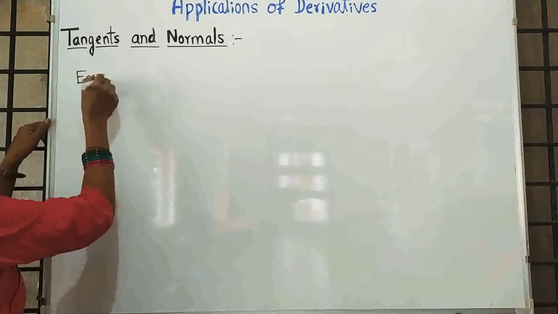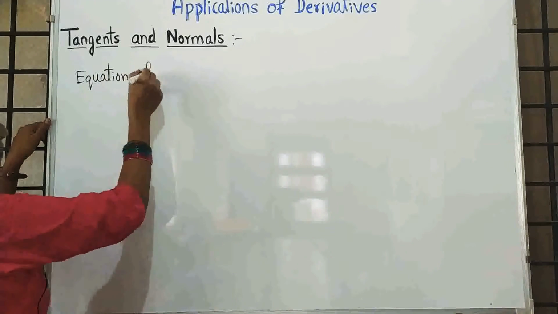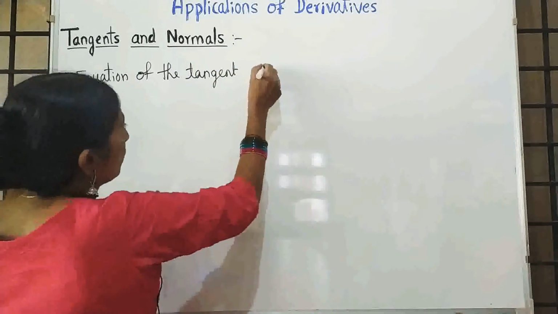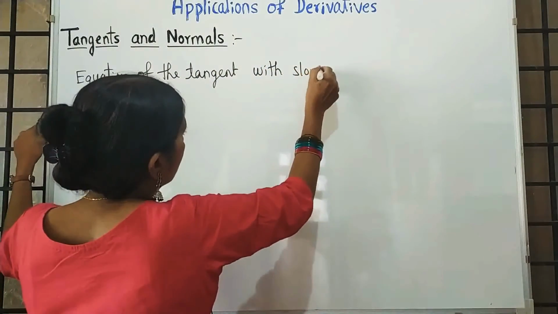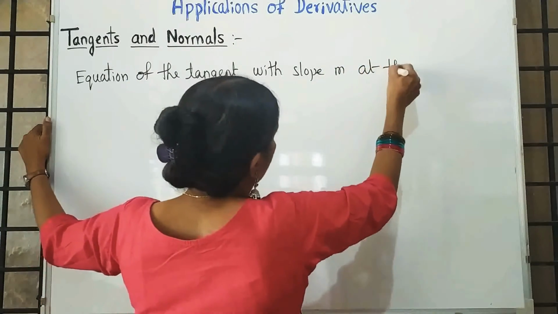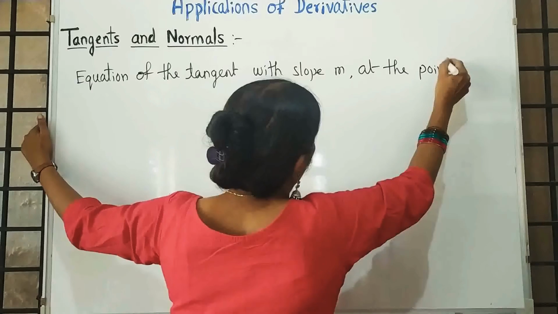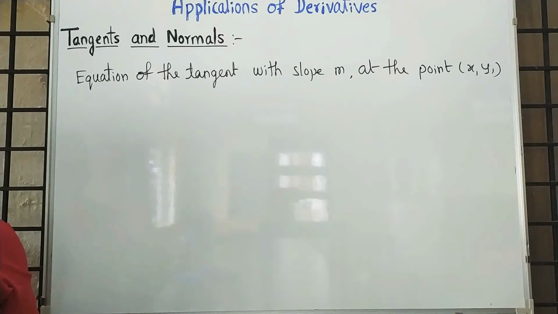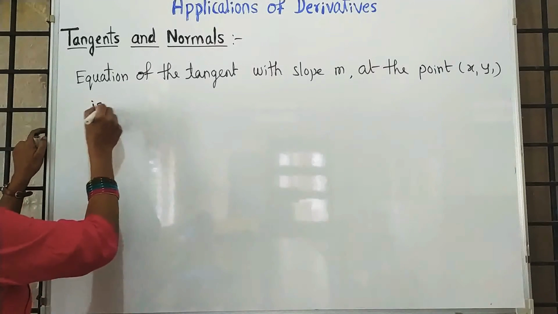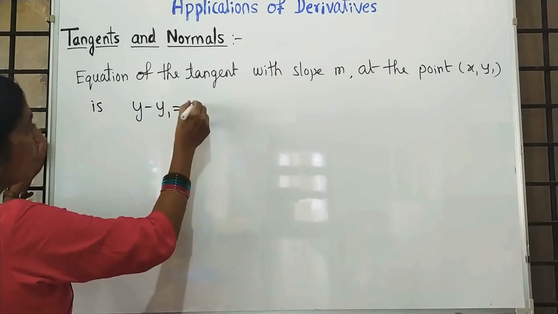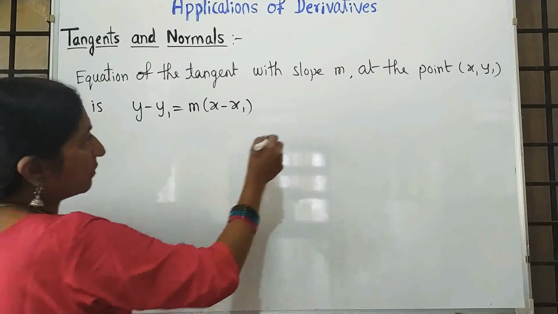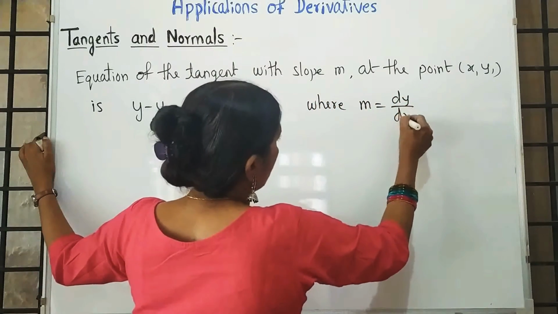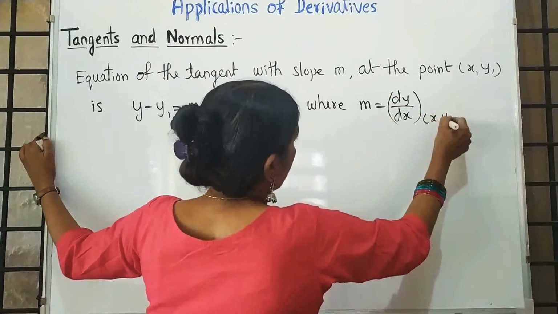Equation of the tangent with slope m at the point x1, y1, that means the point of contact, is y minus y1 is equal to m times x minus x1, where m is nothing but dy upon dx at x1 y1.